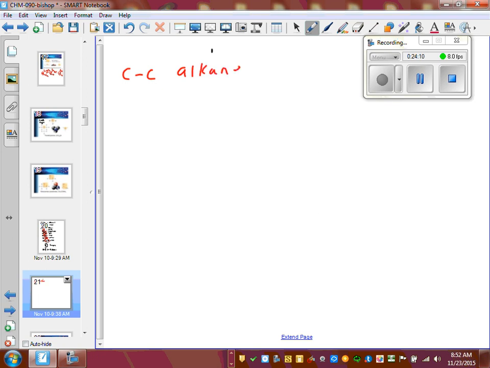If I have a carbon-carbon double bond, that's an alkene. Carbon-carbon triple bond, it's an alkyne. Then we're going to look at functional groups. If I have an R, R means it's a group of carbon atoms, and I have an OH on it, that's an alcohol.